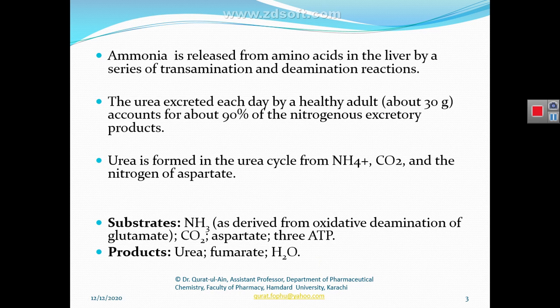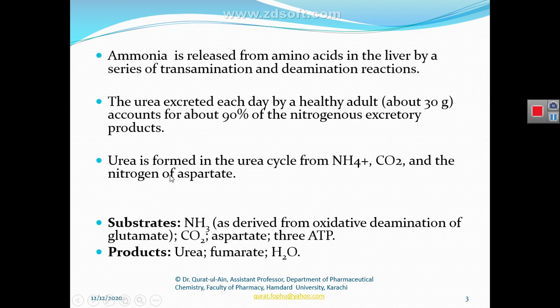And how is urea formed? With the combination of ammonia with carbon dioxide and another amino acid, aspartate. This aspartate gives its nitrogen to the amine group and the carbon dioxide.